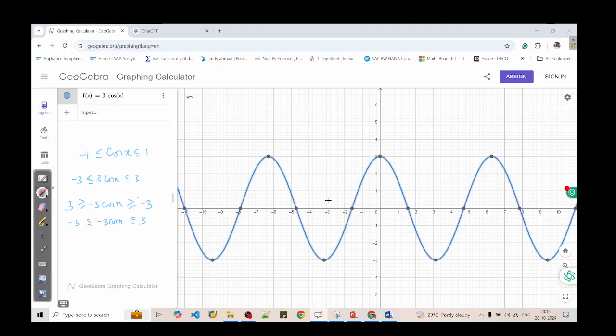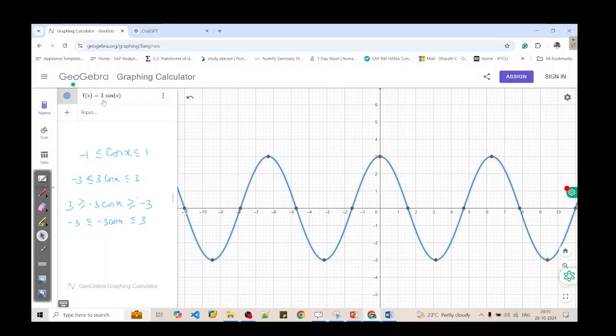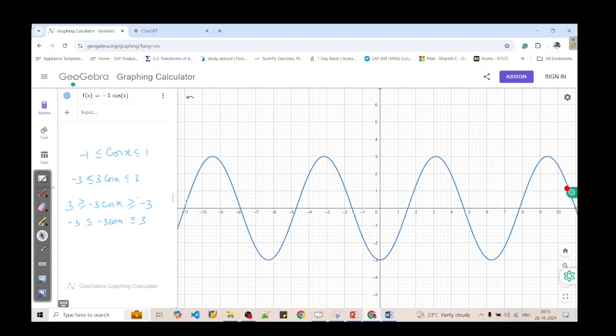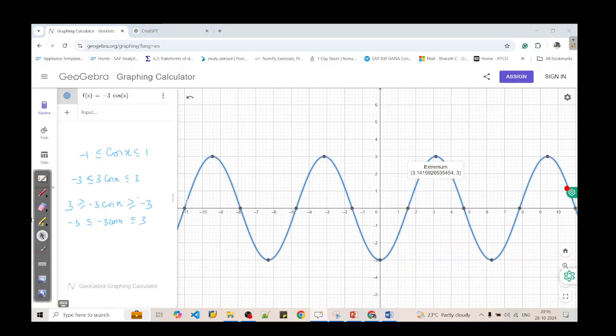The inequality just flips. That does not change the range, because you can see here it is minus 3 to plus 3 again. Now I want to add 2 to the whole inequality.